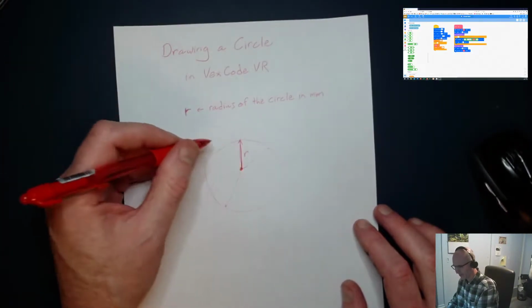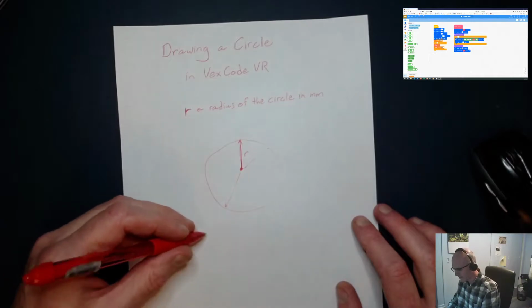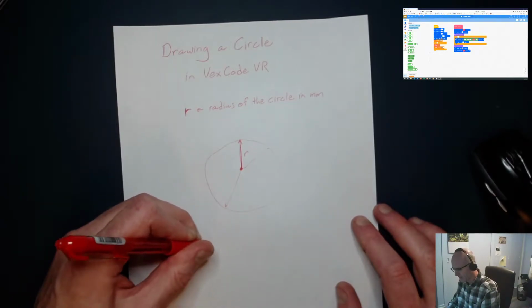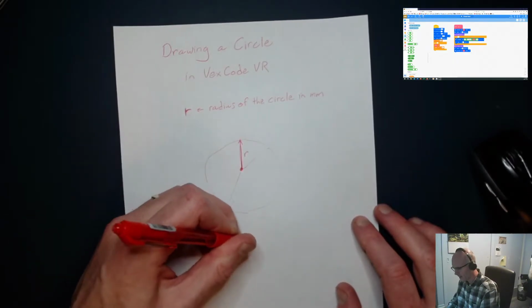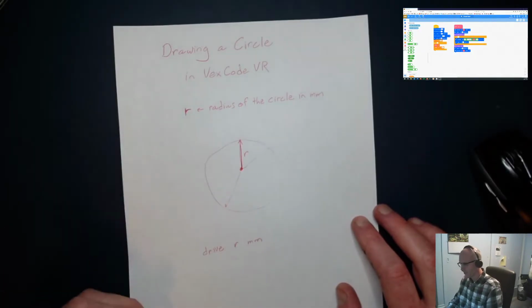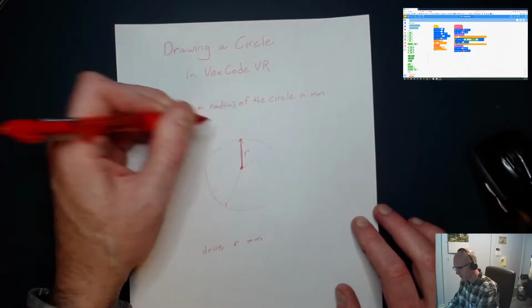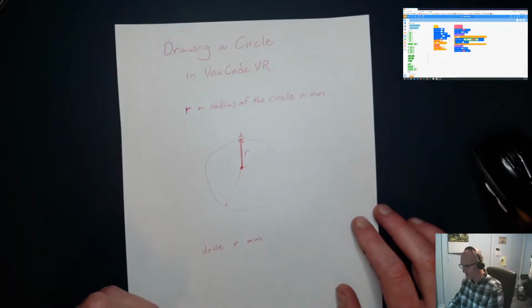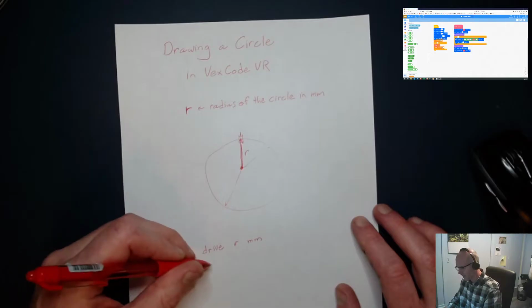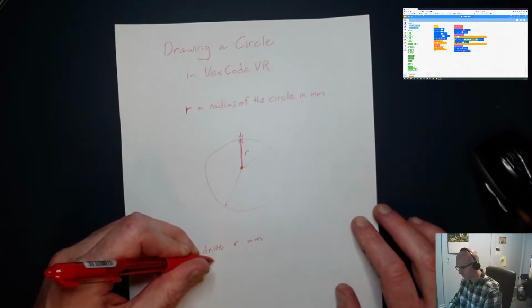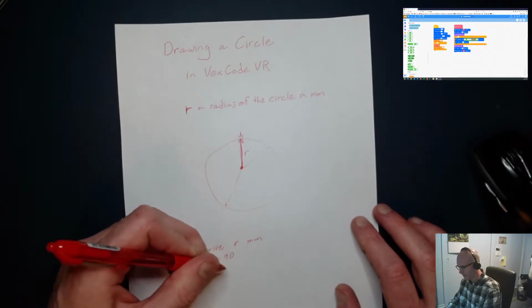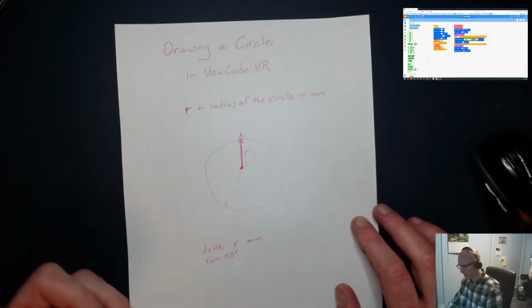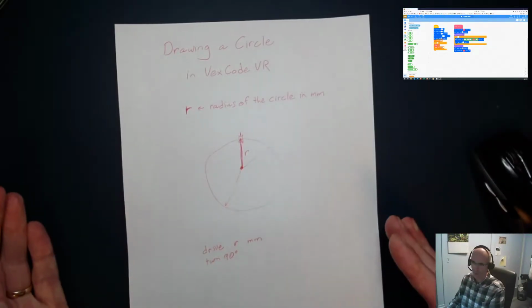So you can just tell your robot to start by driving r millimeters out to the edge of the circle. When you get there, your little robot will be pointing that way, so the next thing you need to do is turn 90 degrees. You can choose right or left.